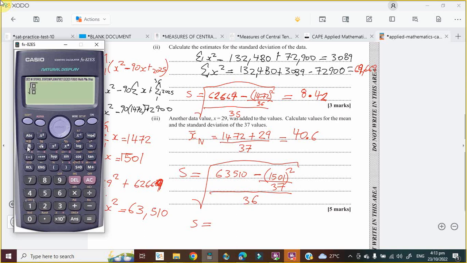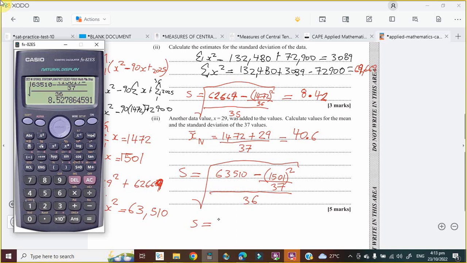Square root, fraction button, 63510 minus another fraction button, 1501 squared over 37, over 36. Bam. It doesn't even change.